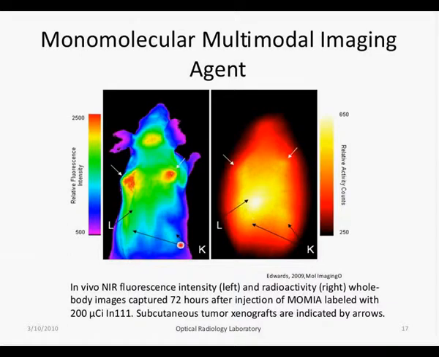We can still see where we are getting signals where the kidneys line up, but also because this agent is more hydrophobic, it's cleared more via the liver, and we get a large signal from the liver, even though it's on a different side of the mouse and not seen as much in the optical imaging.